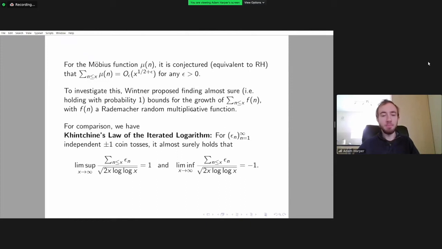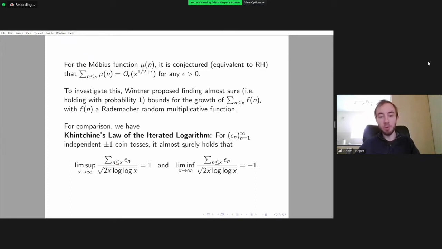And the thing he had in mind, and that he mentions specifically in his paper, is this very nice classical probabilistic result, the law of the iterated logarithm. What this says is that if you take a sequence of independent plus or minus 1 coin tosses with probability half each, completely independent, so there's no multiplicative structure here, then almost surely the lim sup of the partial sums divided by square root of 2x log log x is 1.